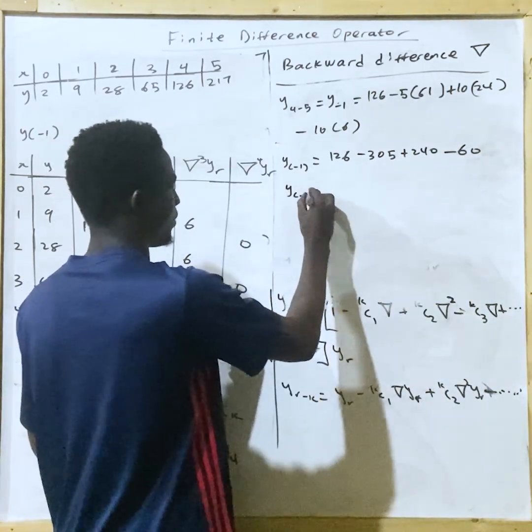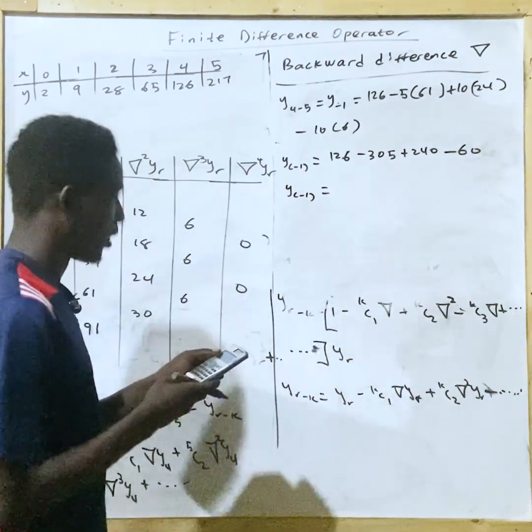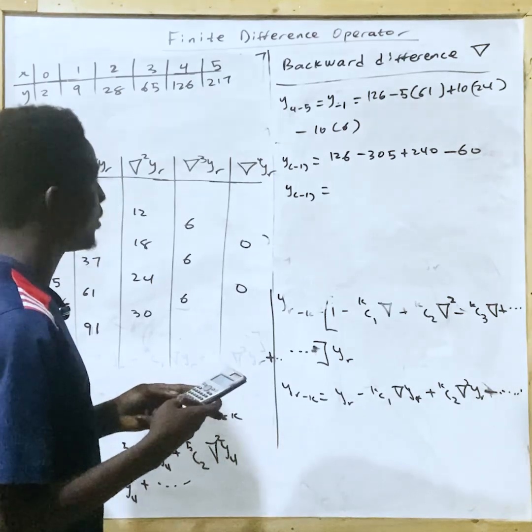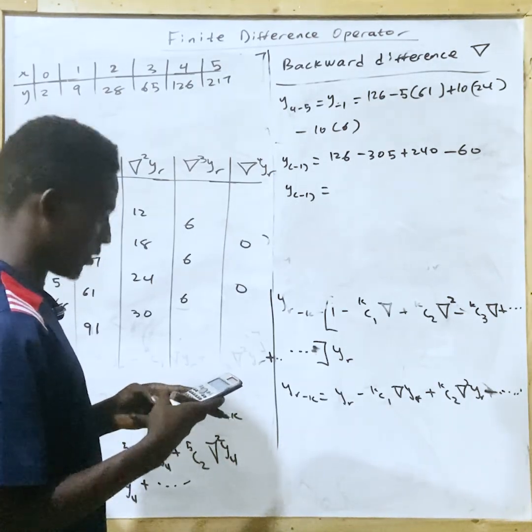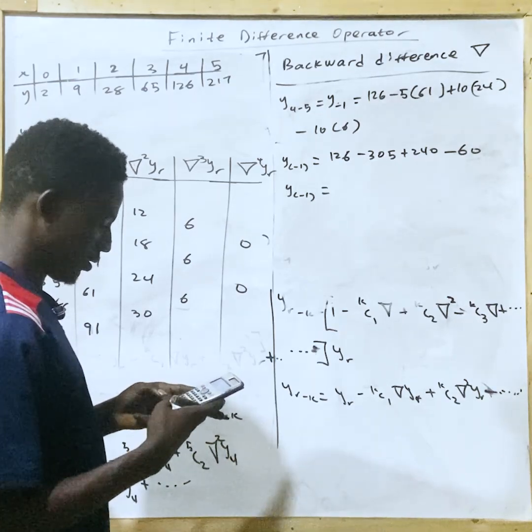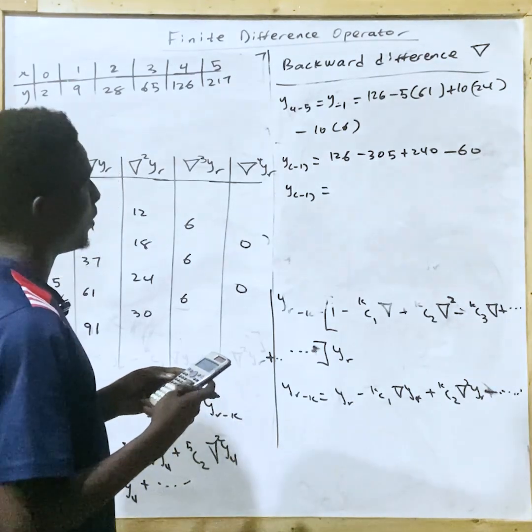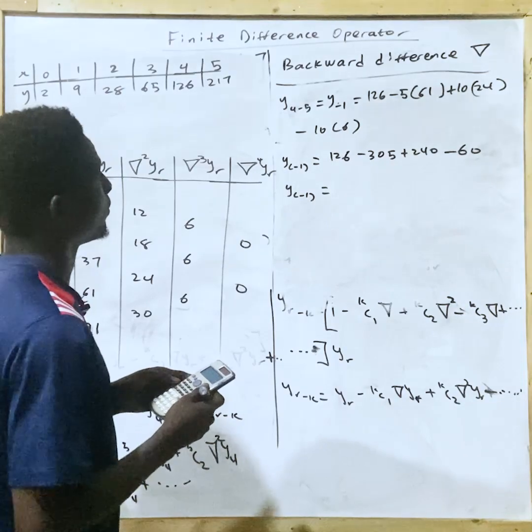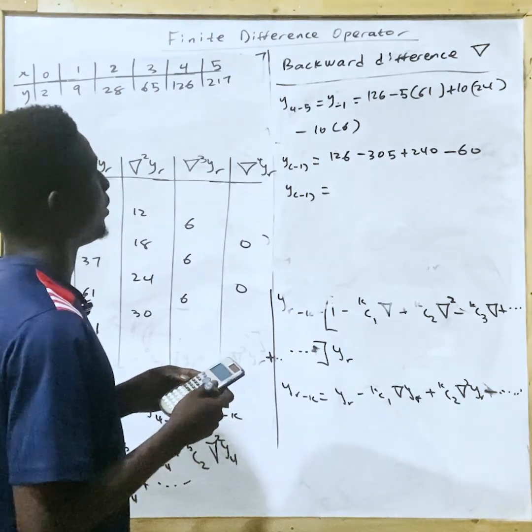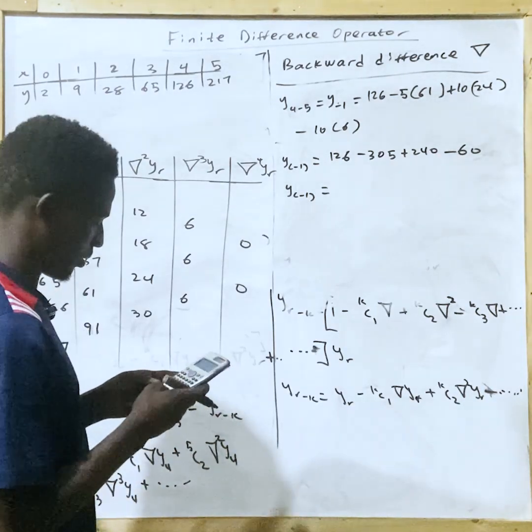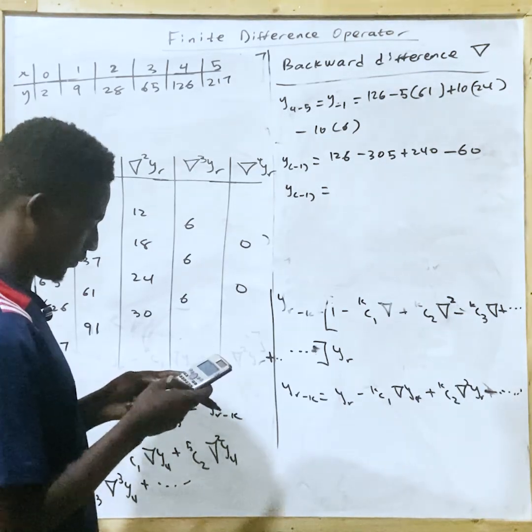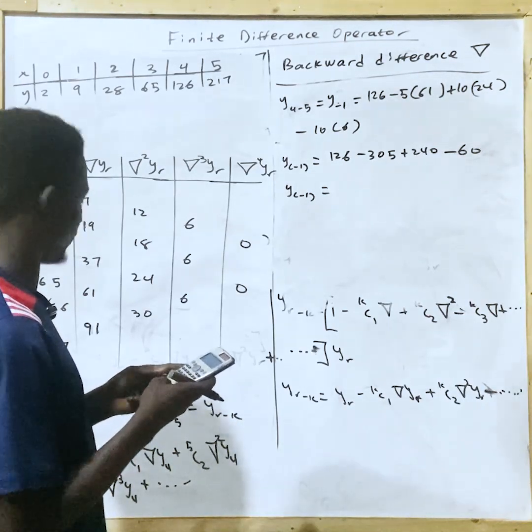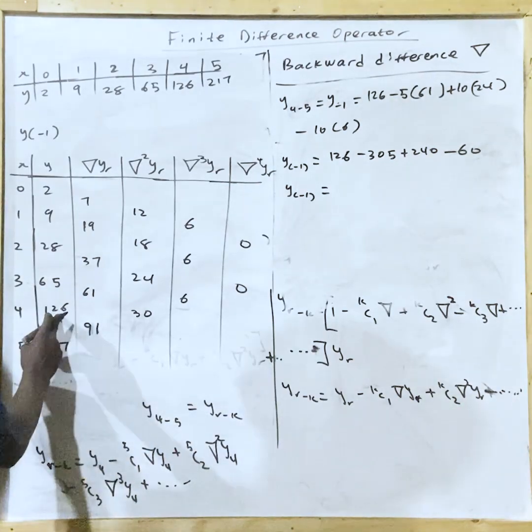So I have 126 minus 305 plus 240. Okay, let me check. There's a mistake.